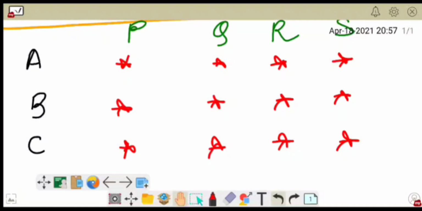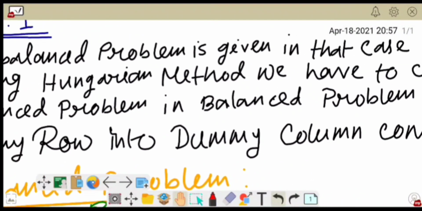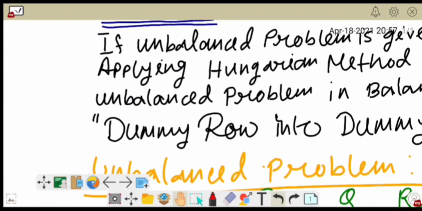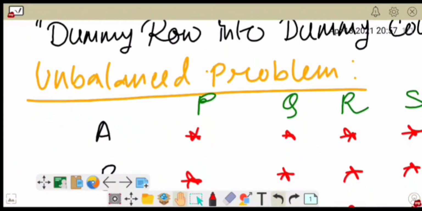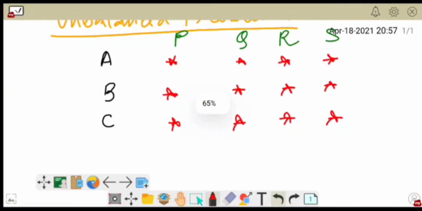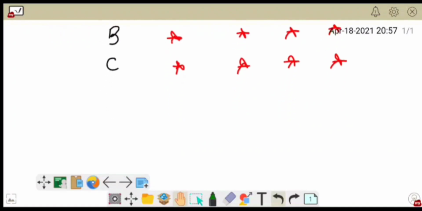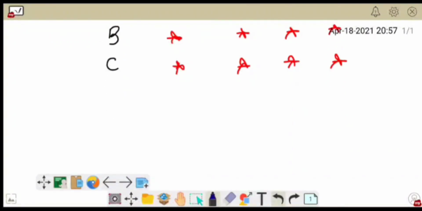So what is our note saying? If an unbalanced problem is given, before applying the Hungarian method we have to convert the unbalanced problem into a balanced problem by introducing a dummy row. Now from the unbalanced problem we convert it into a balanced problem by making a dummy row or column.